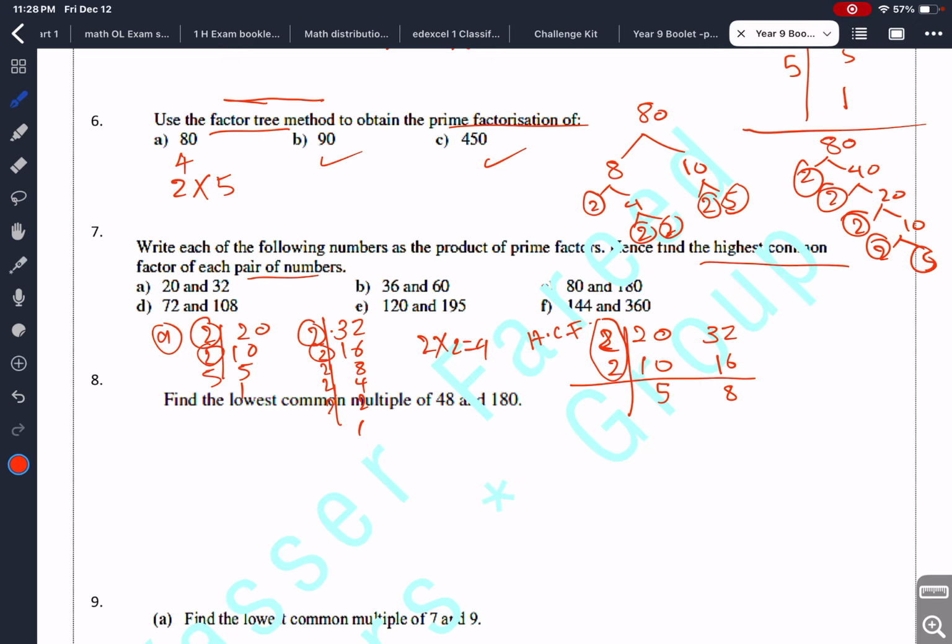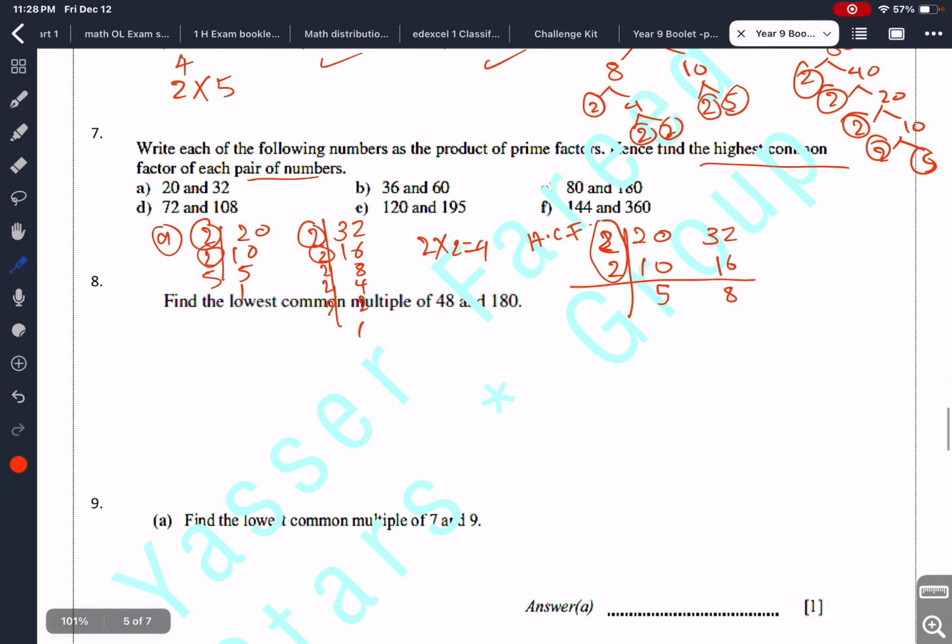You have this method, the old one, it's correct, no problem. You can use it. But I have the brand new method, and this is easier, and it's accepted in IG. So to find the lowest common multiple for 48 and 180, I'm gonna use this method.